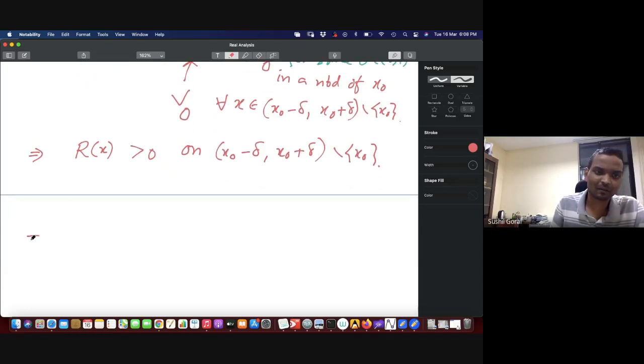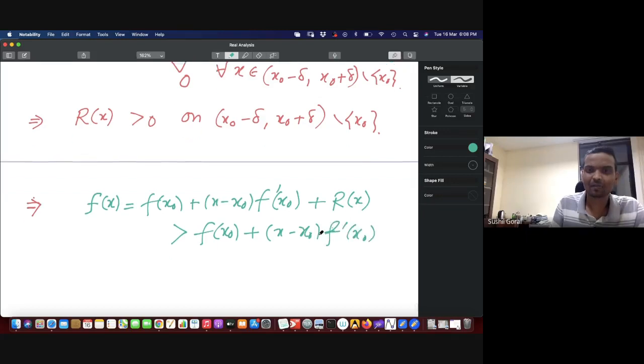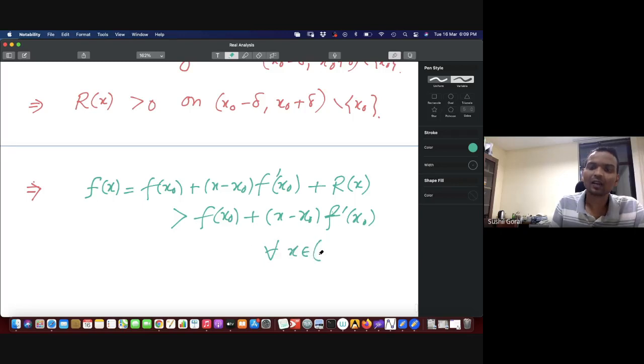So this implies what? f(x), which is f(x naught) plus (x minus x naught) f prime x naught plus Rx, is greater than f(x naught) plus (x minus x naught) f prime x naught, right? For all x in x naught minus delta to x naught plus delta minus the point x naught.